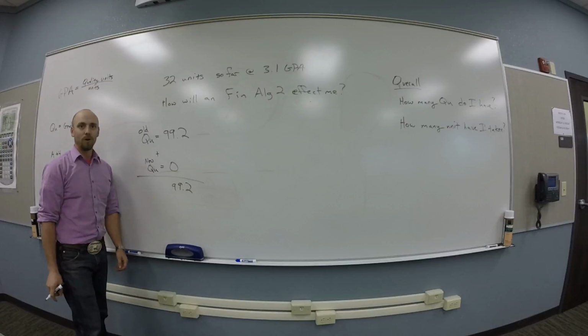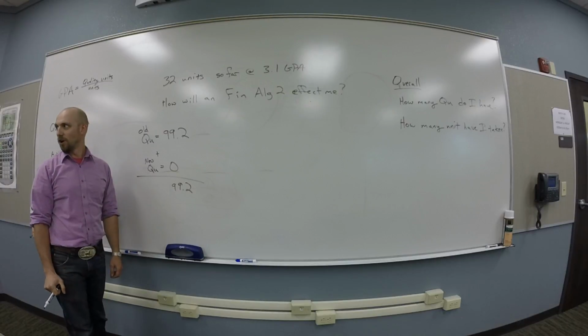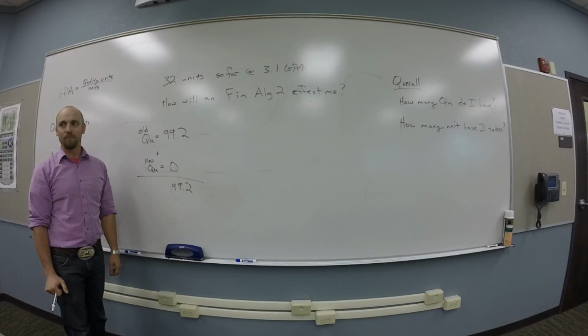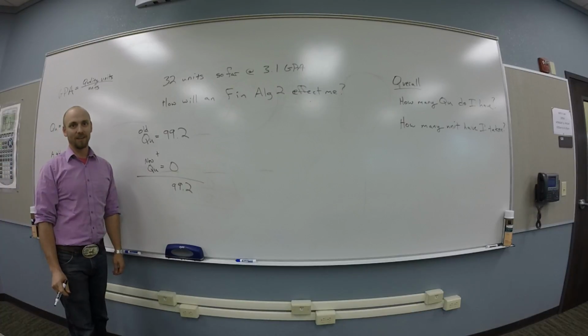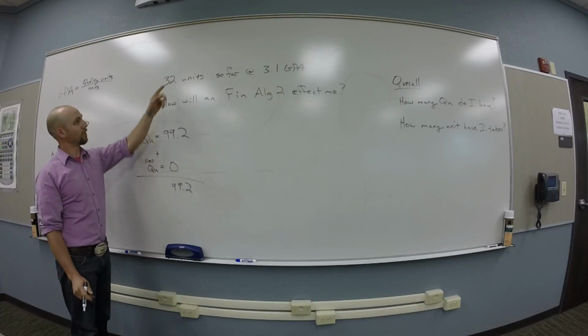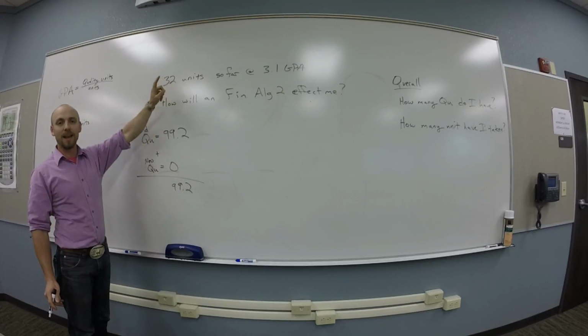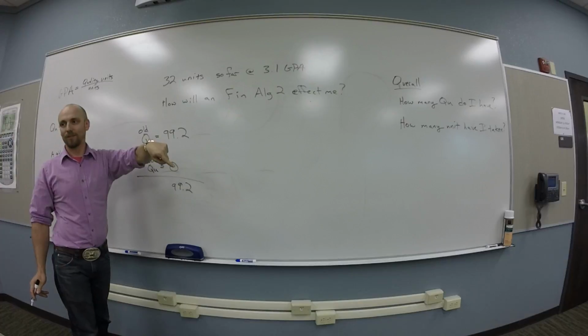99.2, which seems like our GPA hasn't changed at all, right? But you're adding units. You're adding 5 units, right? So I had 32 units, and now I have 37 units.